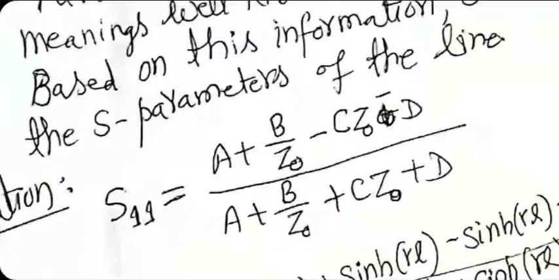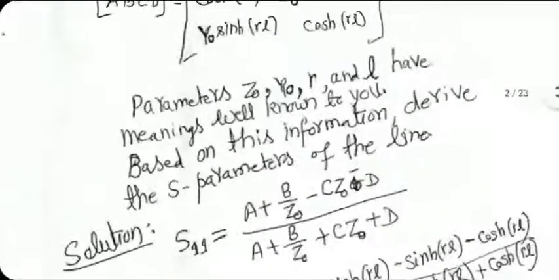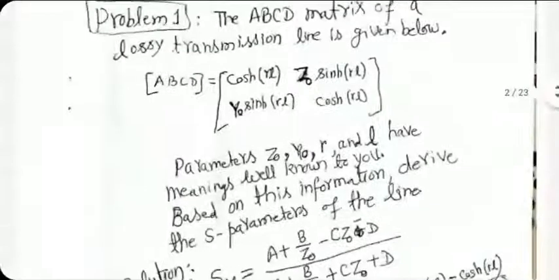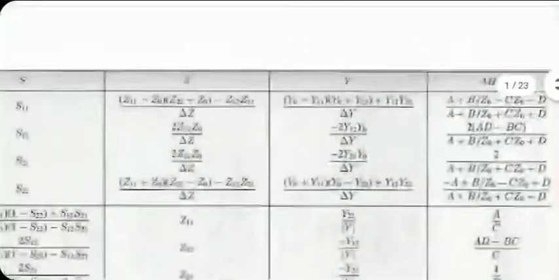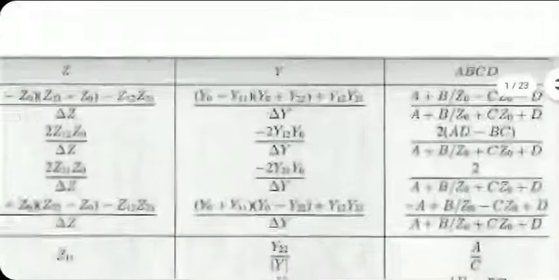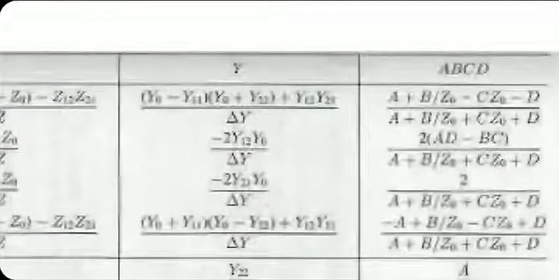By the way, in this problem, there is a catch: we are assuming that the characteristic impedance of the line Z0 is the same as the port impedance, which is actually what they mean by Z0 in these formulas. A network is always terminated into two ports. We are talking two-port networks, so one input port, one output port.